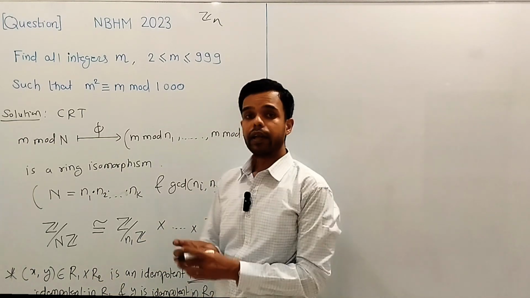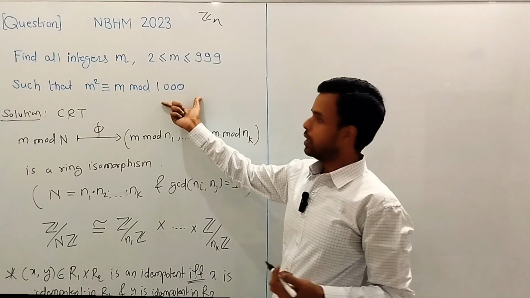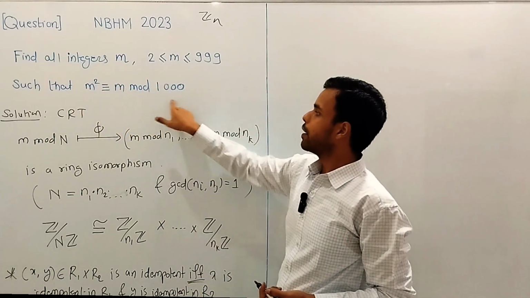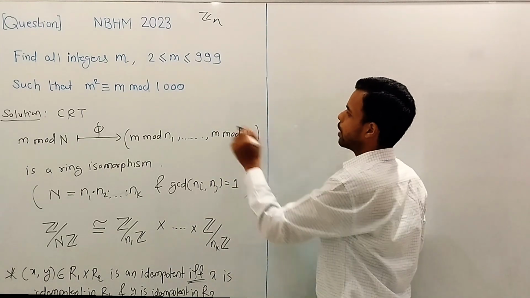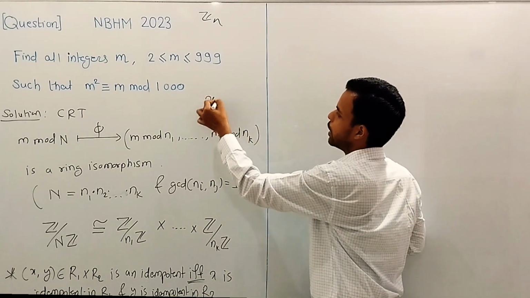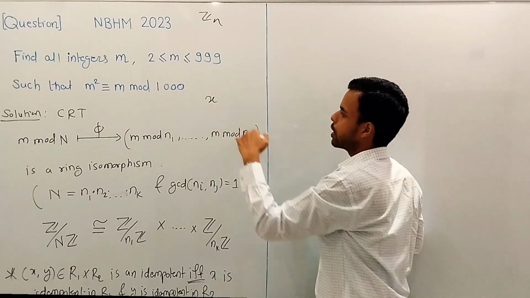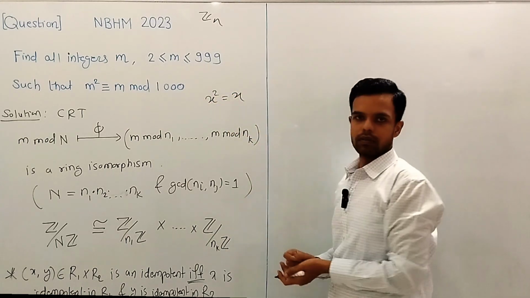Why have we considered idempotent elements? Because this condition is equivalent to saying that m is an idempotent element in the ring Z1000. What are idempotent elements? An element x belonging to some ring is said to be idempotent if x squared equals x.